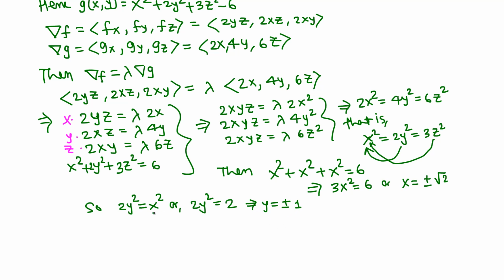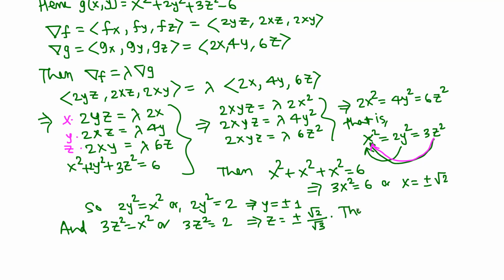And from the third we have to find z here. 3z squared is also x squared. 3z squared equals 2, so z squared equals 2 over 3, so z equals plus minus root 2 over root 3.